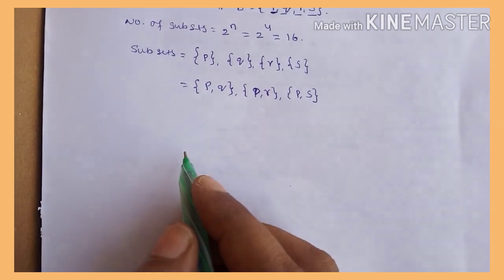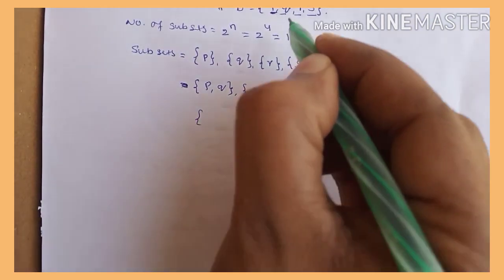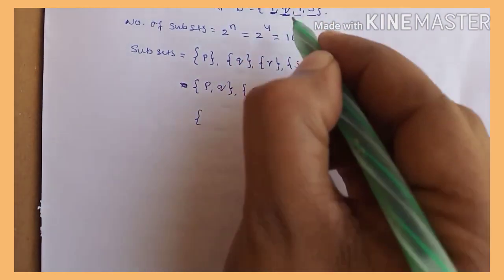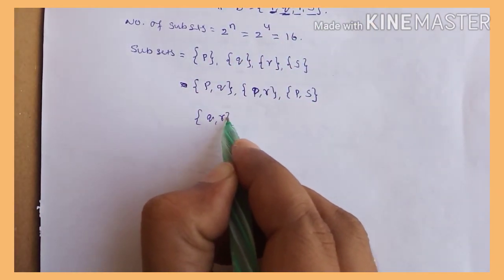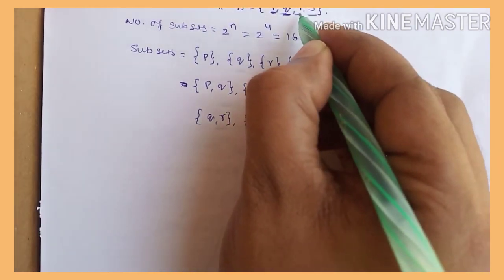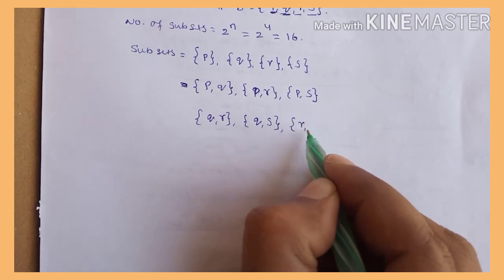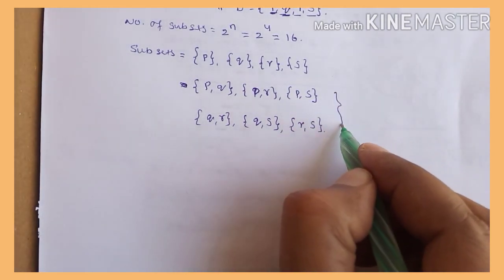This is the combination of p. Now the combination with q: qr, qs. Now the combination with r: rs. These are the two element subsets.